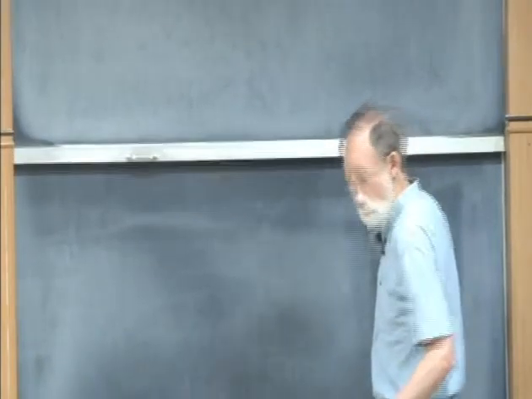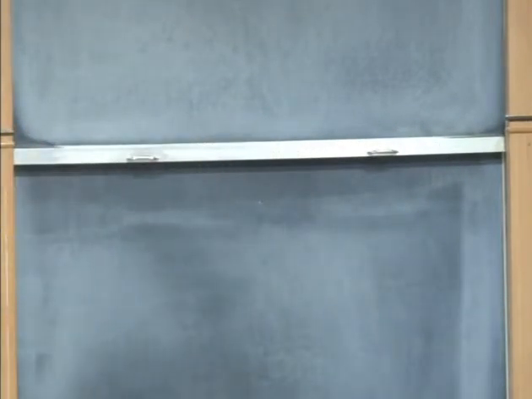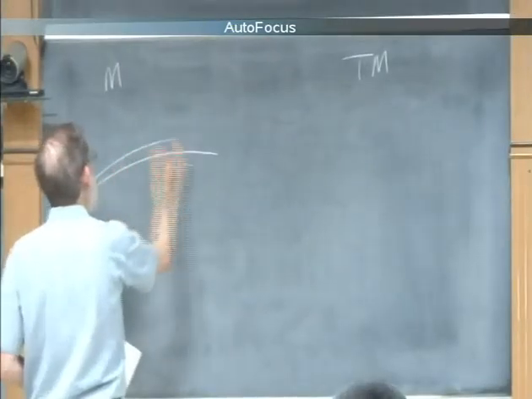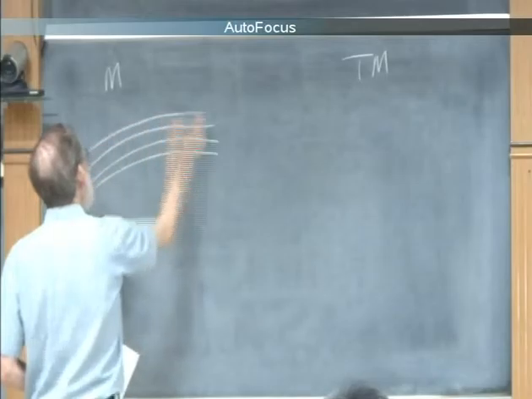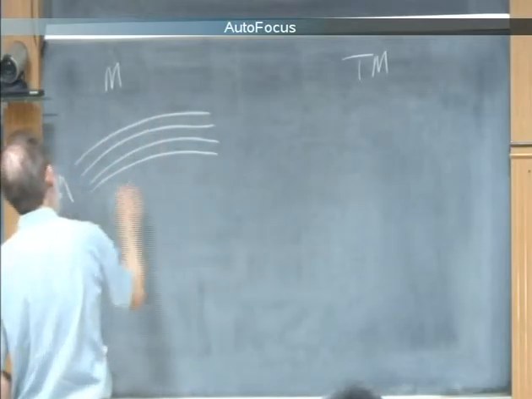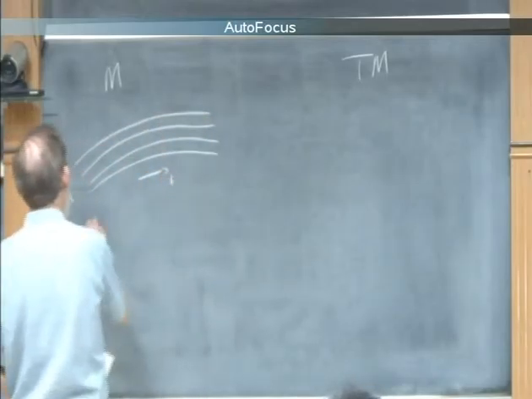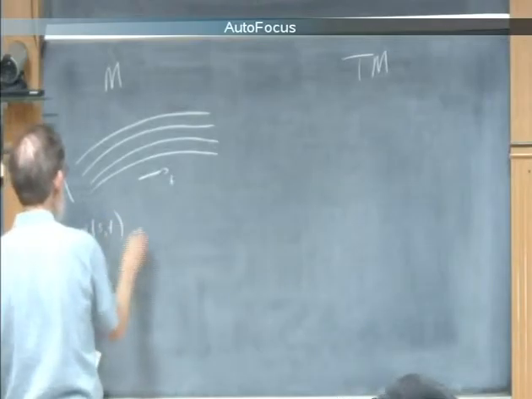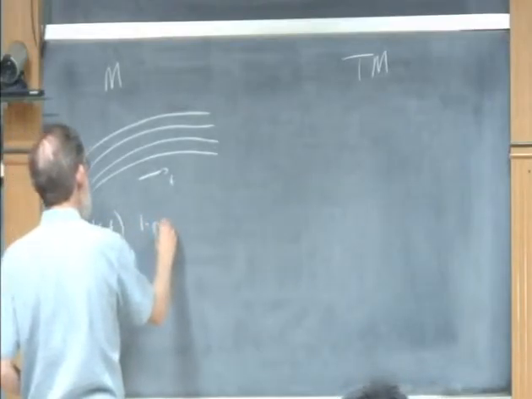And then maybe I'll use the middle board. So I want to draw two matching pictures. One is in EM, the other's in TM. So in EM I have a one-parameter family of geodesics.